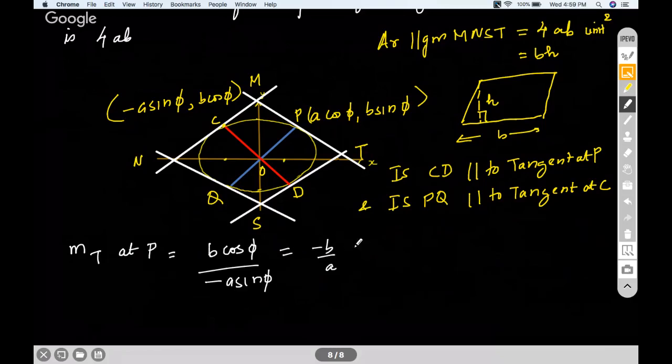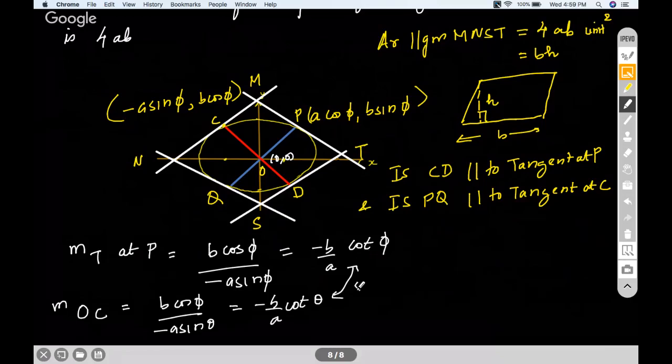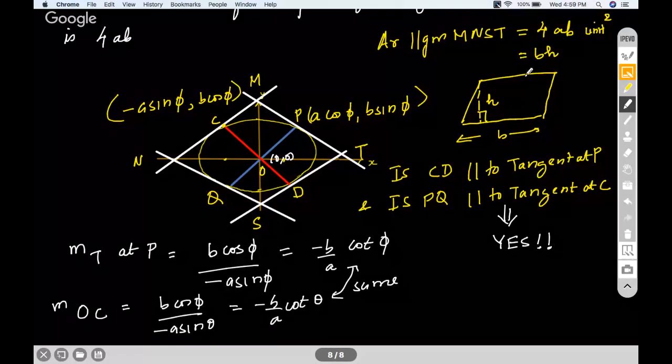That's going to be minus B by A cot phi. And slope of OC is going to be B cos phi by minus A sin phi, that is y2 minus y1 by x2 minus x1. Treat this as 0, 0. And of course, they all match. So these two are same. It implies that the answer to these questions is yes.